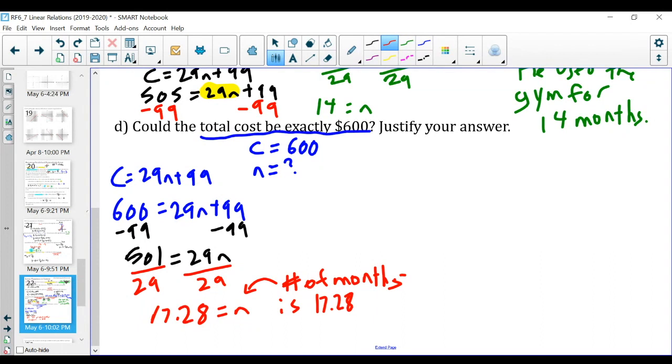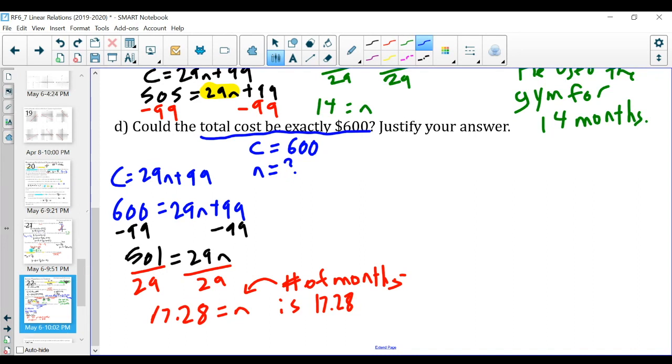Can we ever pay for 17.28 months of gym membership? And the answer would be no. You pay monthly for your gym memberships. You pay every full month. You don't pay 0.28 of a month.